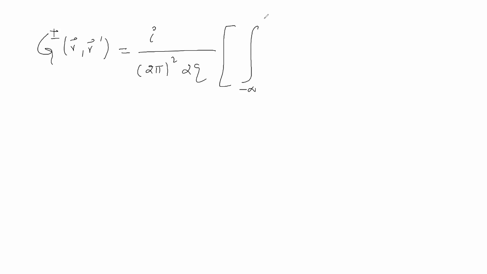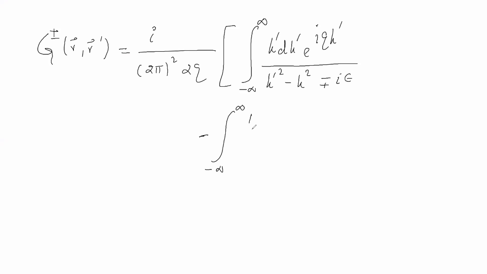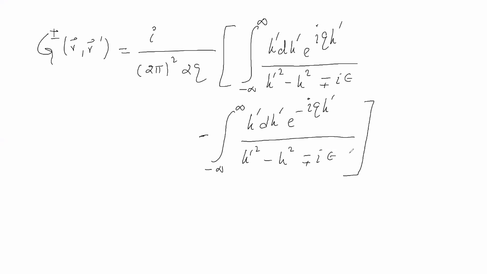Therefore, my next step, and that will be the final step of today's lecture, is G plus minus (r, r') equal to i over (2π)² into 2q, integral minus infinity to plus infinity k' dk' e to the power i q k' upon (k'² minus k² minus plus iε), minus integral minus infinity to plus infinity k' dk' e to the power minus i q k' upon (k'² minus k² minus plus iε). This is the integration which we have to solve.